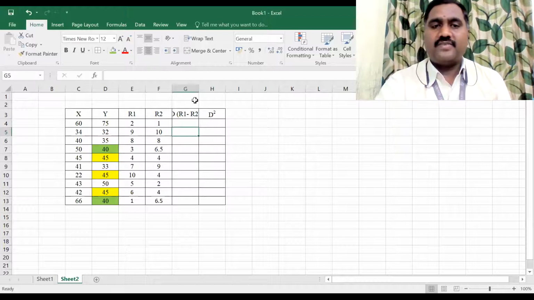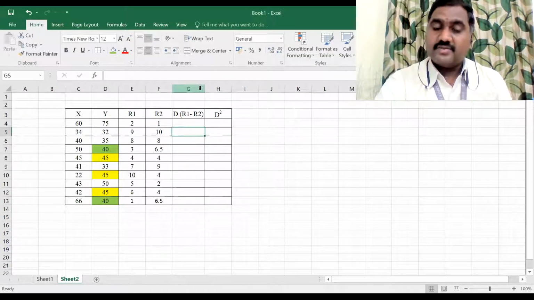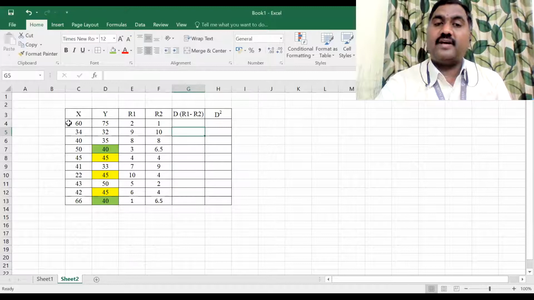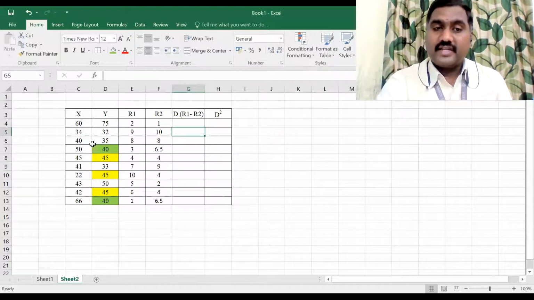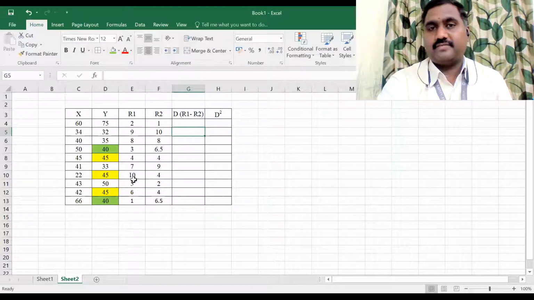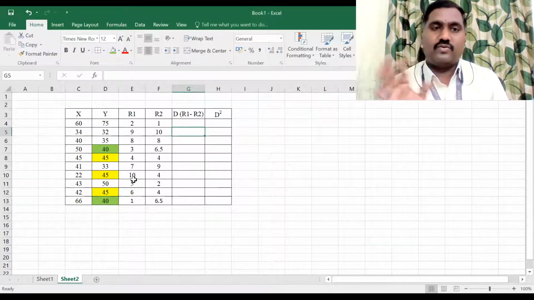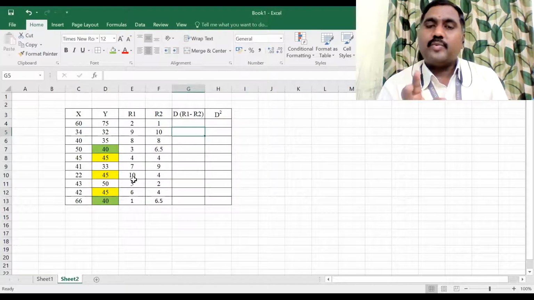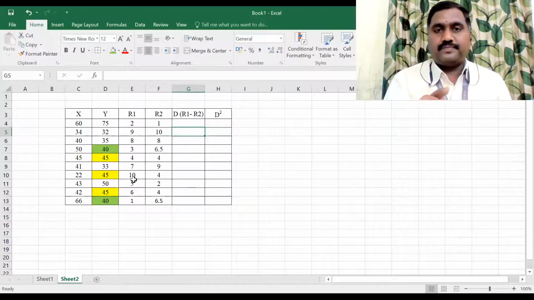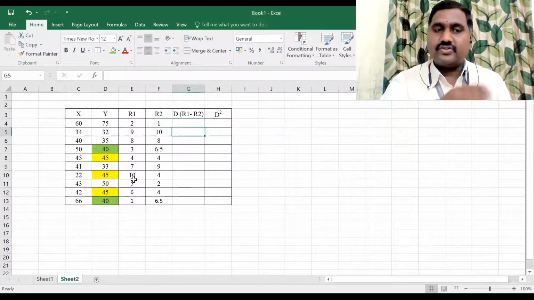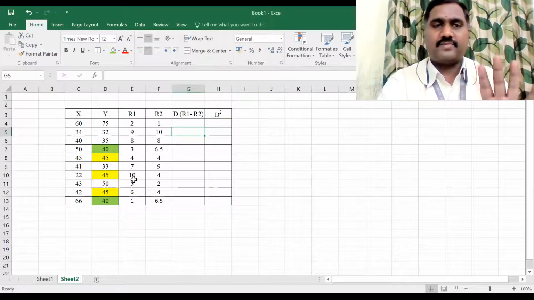So this is the problem I worked out. Sometimes in X also you will get repeated numbers. In that case you have to do the same here. It is not that only Y will always have repeated values; you can get repeated values in both X and Y. For example, take the same problem.